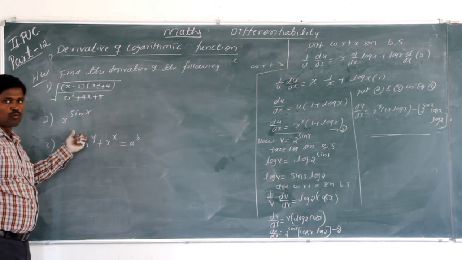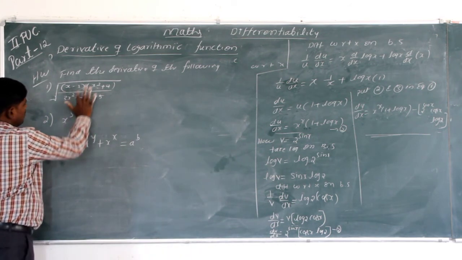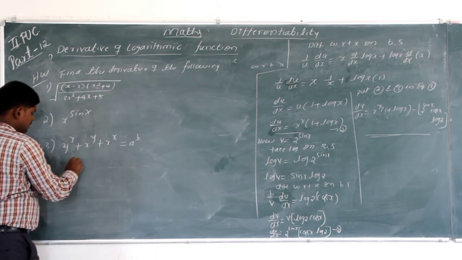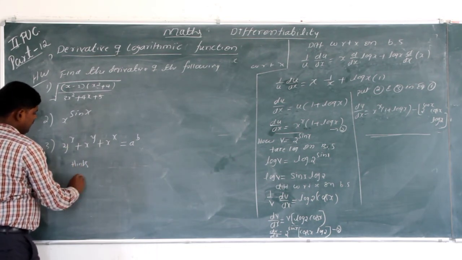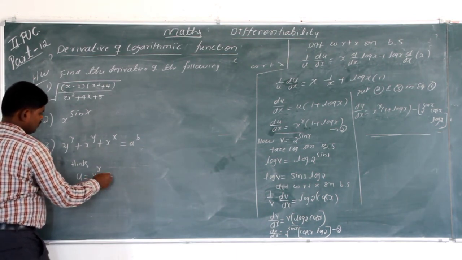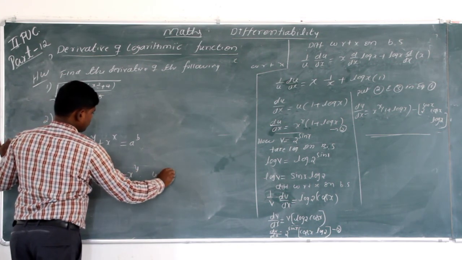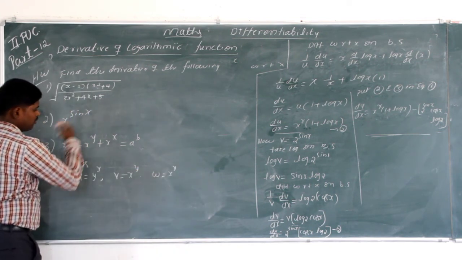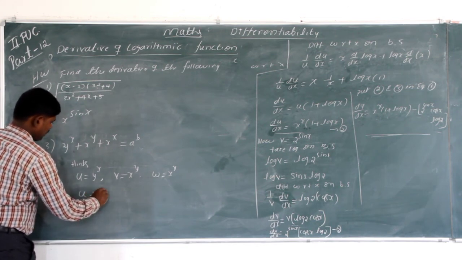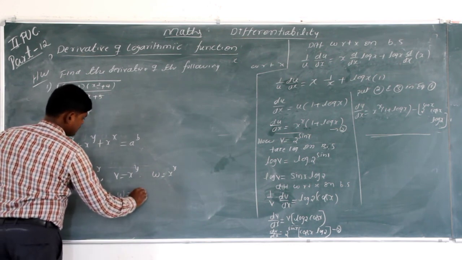You should solve them on your own. By using log, take log on both sides, but here don't take log on both sides directly. You take hints. Take u is equal to y to the power of x, v is equal to x to the power of 5, w is equal to x to the power of x. Now the above equation becomes u plus v plus w is equal to a to the power of b. Here b is constant.